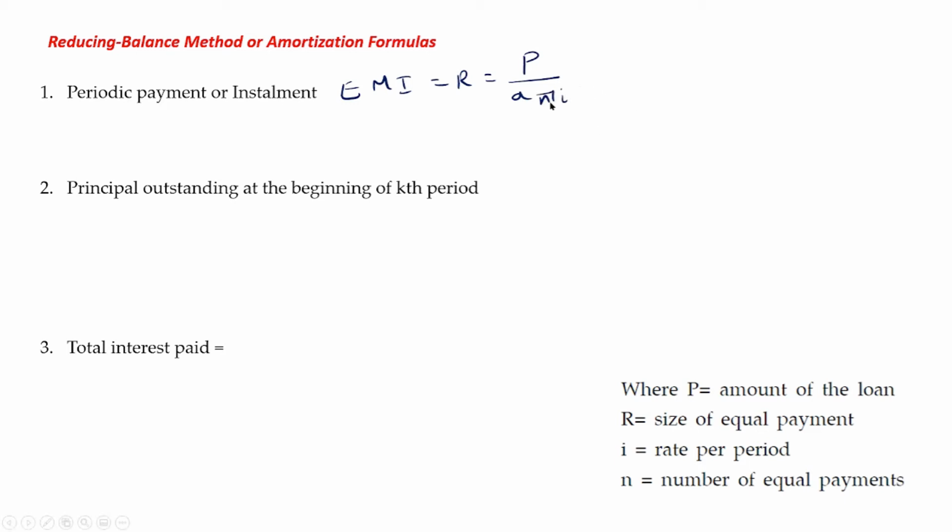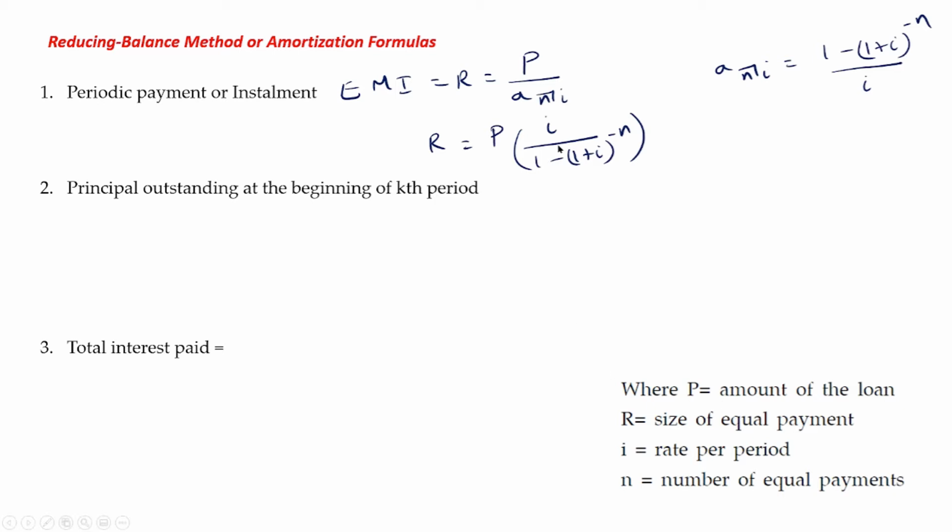Now this A angle N at I rate per period is nothing but the present value annuity factor. So this is equal to (1 minus (1 plus I) raised to minus N) upon I. When we substitute here, we get R is equal to P into I upon (1 minus (1 plus I) raised to minus N).